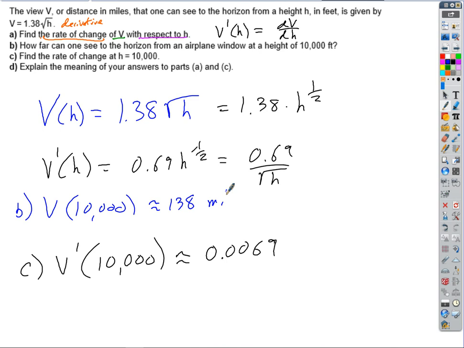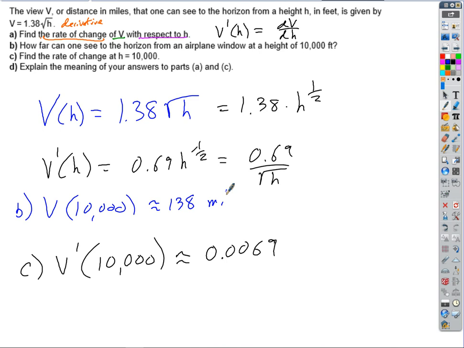So if you're up at 10,000 feet on a mountain and you're overlooking the ocean, you ought to be able to see 138 miles out on the ocean if you're that high. What's this going to be measured in? I'm measuring v in miles, right? What am I measuring h in?